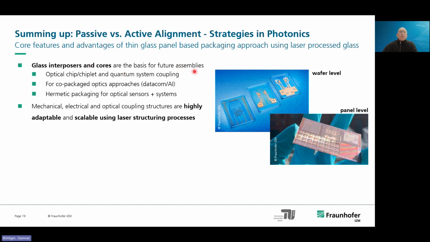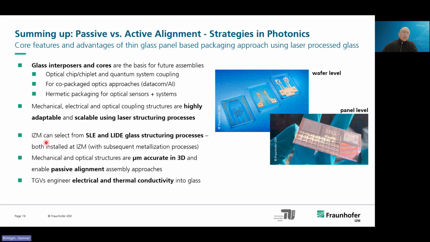They are the base for future assemblies in, for example, optical chip or optical chiplet and quantum system coupling setups, for co-packaged optic approaches like in datacom and AI, and we can also do hermetic packaging for all types of optical sensing. We do this at wafer level and panel level, and we create mechanical, electrical, and optical coupling structures that are highly adaptable and scalable, which is the main advantage of laser structuring.